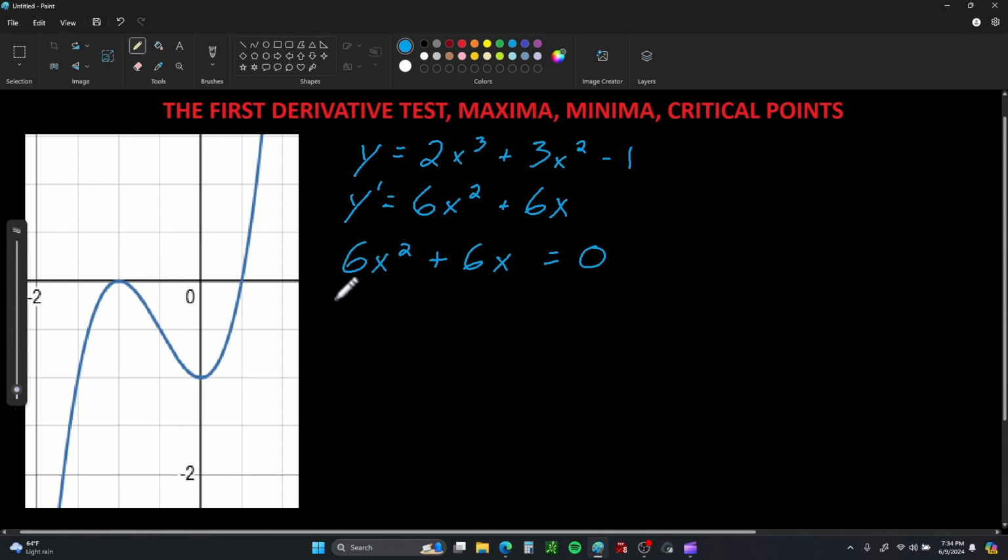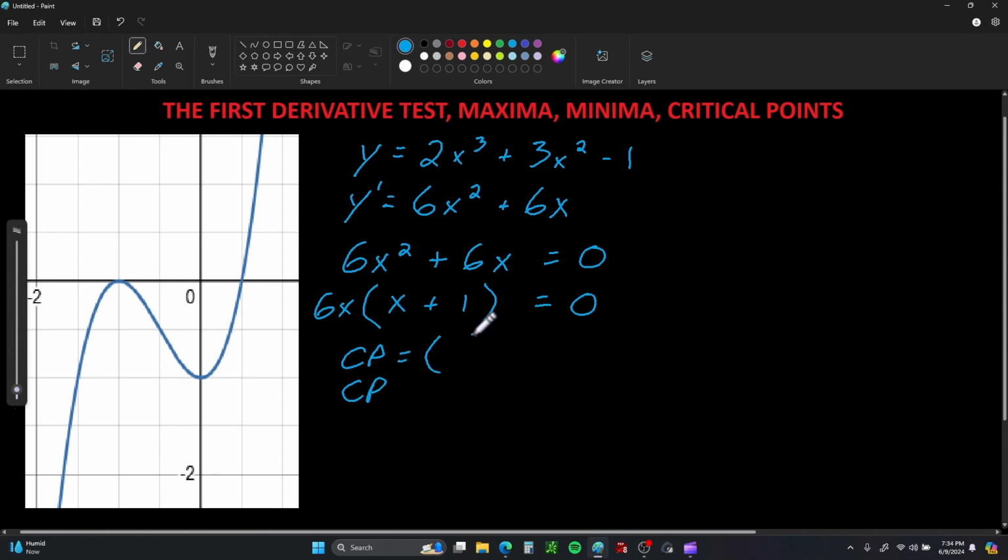I need to factor this side. I can remove a 6x. So the two places for my critical points, there's going to be two of them, is when x is 0 for this one and when x is -1.